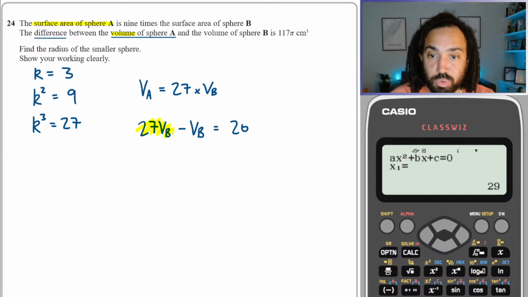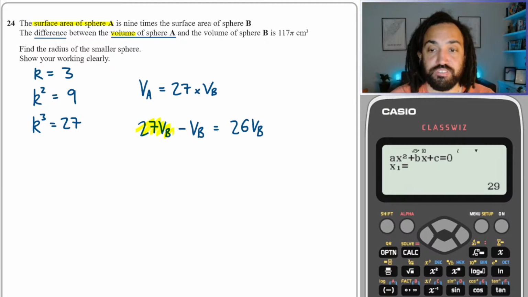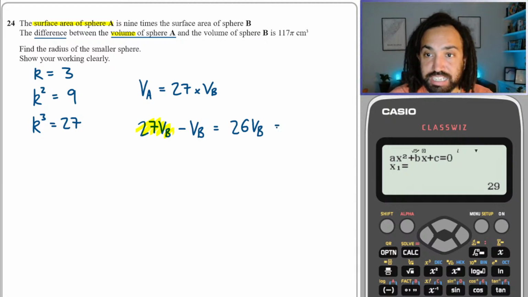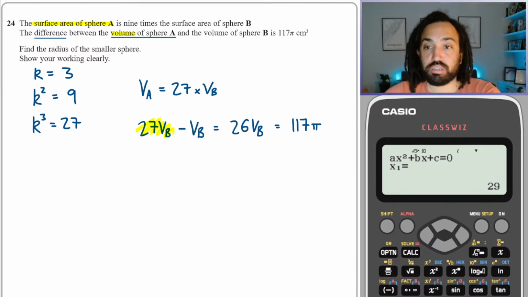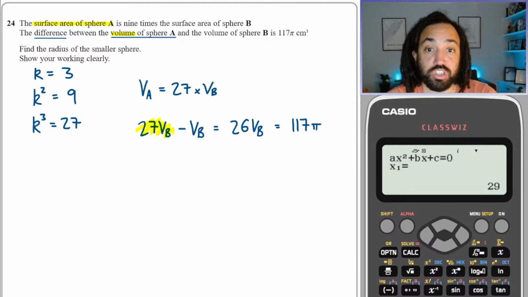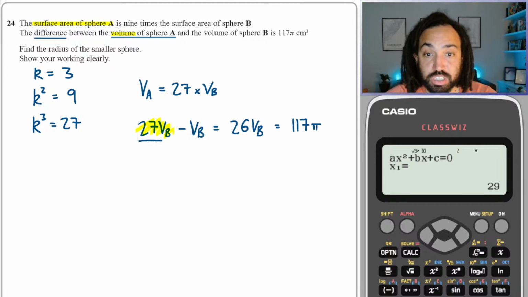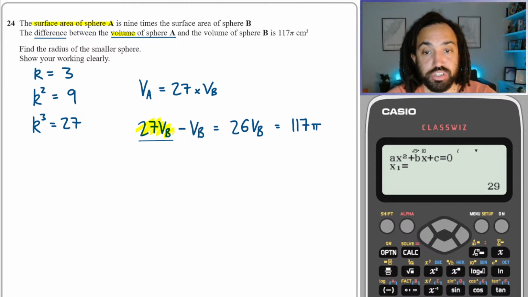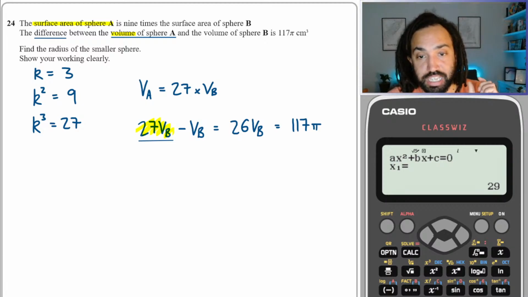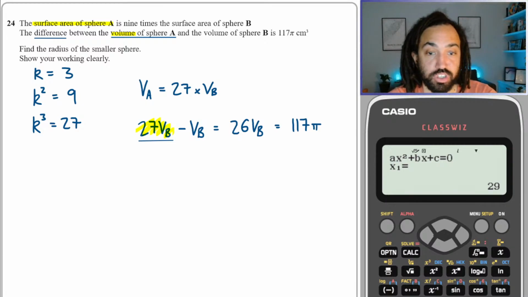So the difference will be 26 VB, and that is equal to 117 pi. So again, the volume of A we know is 27 times the volume of B, so the difference between them is 26 times the volume of B.